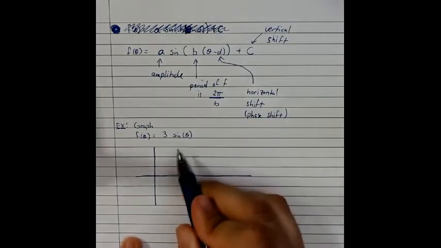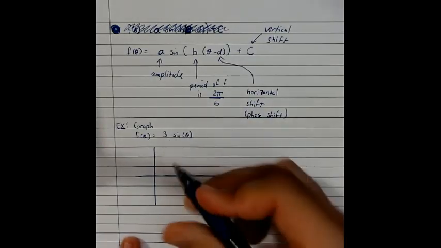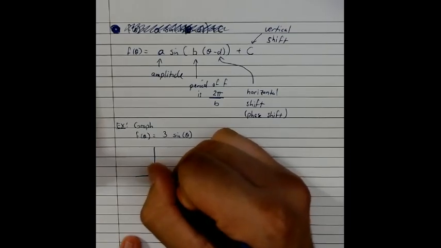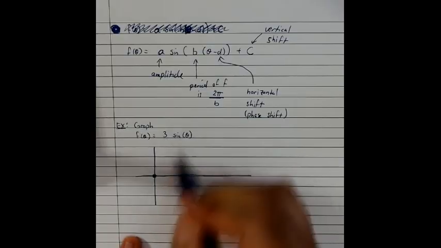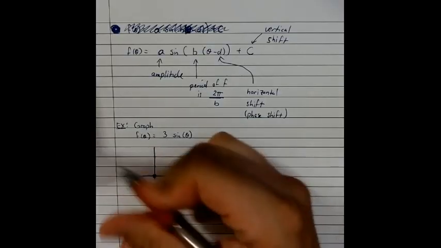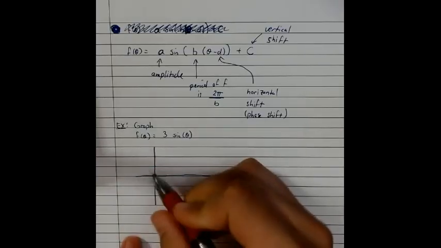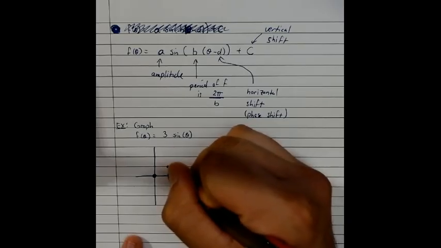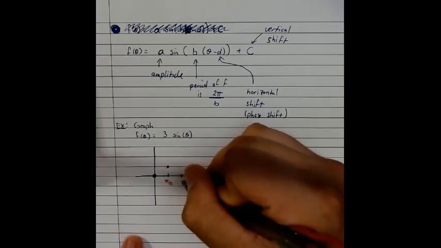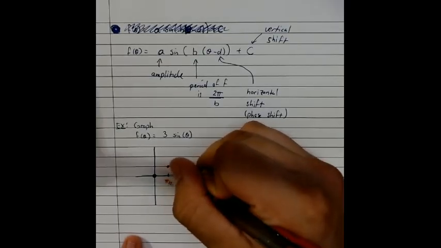Okay, so my sine function begins at the origin, 0, 0. I'm not modifying it yet. I'm just graphing the sine of theta. So in fact, let me do that in a different color. I'm going to start at 0, 0. Now, I'm going to go up to a maximum when this is pi over 2. When this is pi, I'm back to the axis.